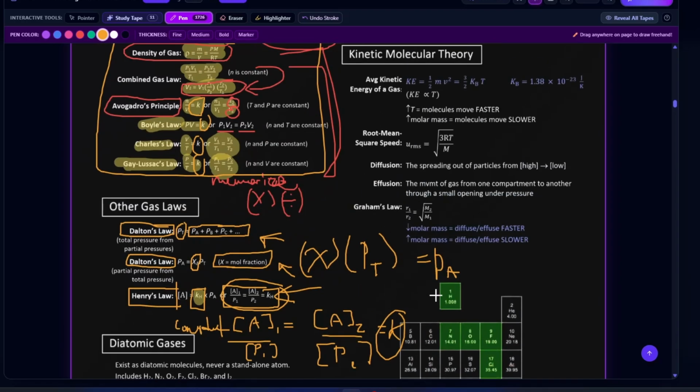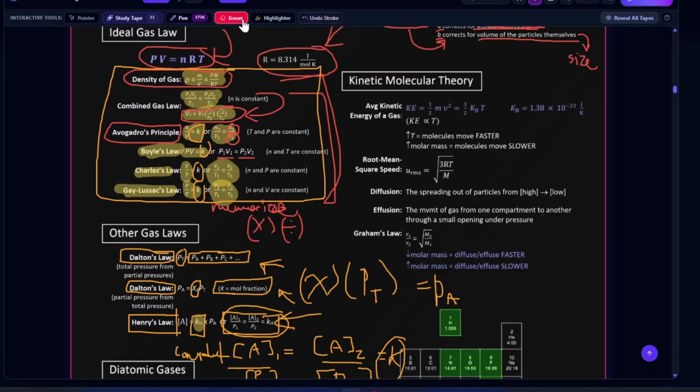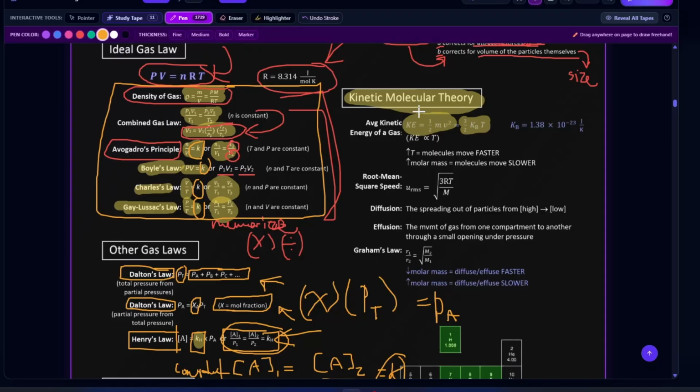Okay, now we can go into kinetic molecular theory. I didn't really review this as much when I was reviewing, but it's still important to know. So KE is half mv squared, and if you did a physics review already, you would know that this is just a kinetic energy formula, right? It is equal to, this is a little bit new, k_B T, right? So basically, k_B is a constant here, and you would memorize that.